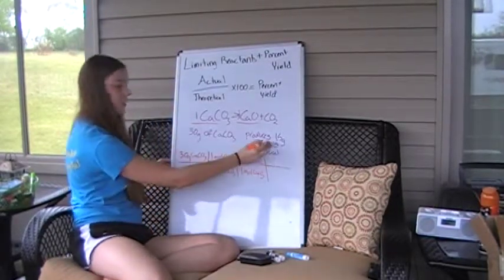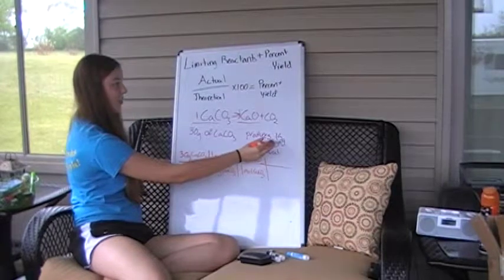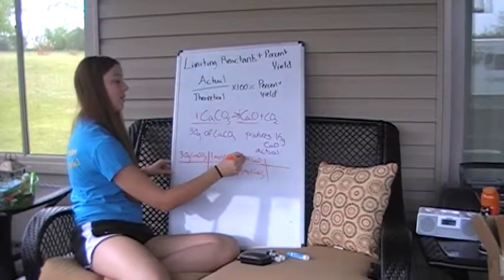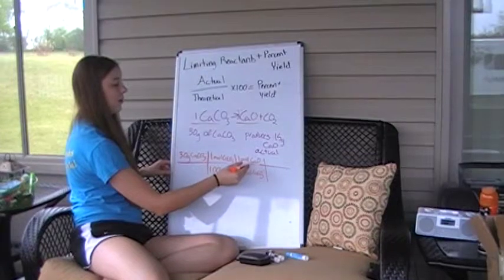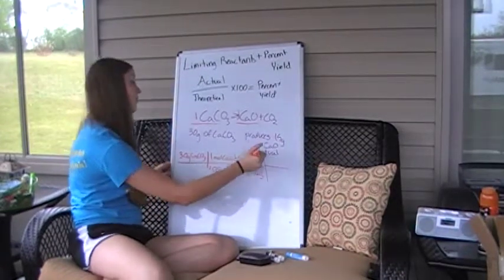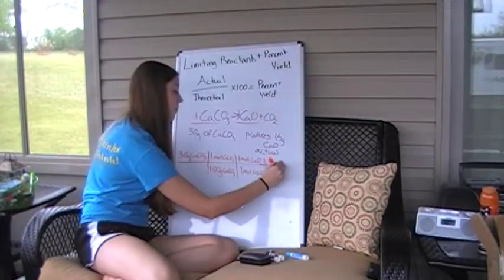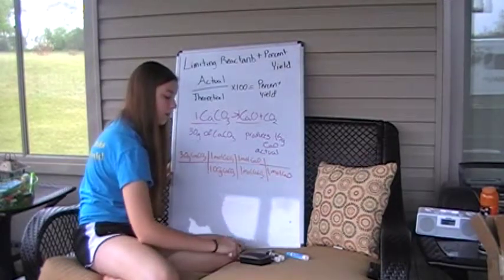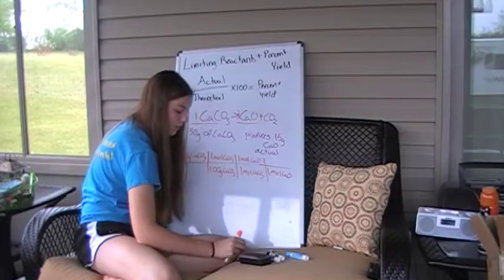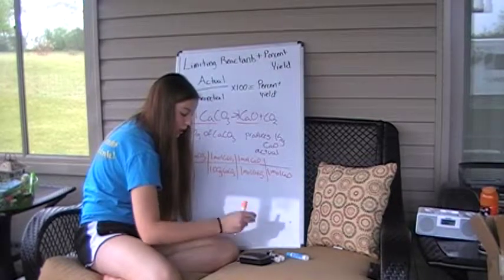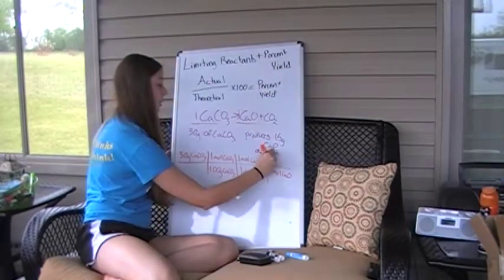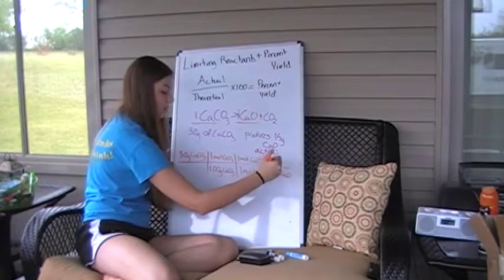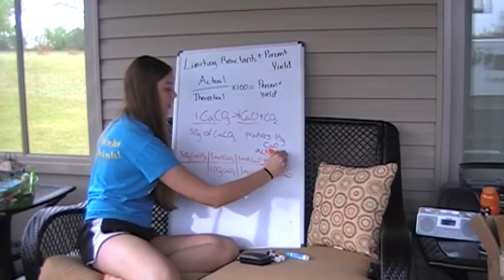And then, since this was given to us in grams, we have to convert the 1 mole of CaO into grams too. And that is approximately 56 grams.